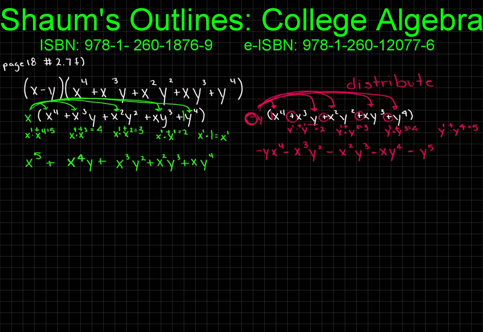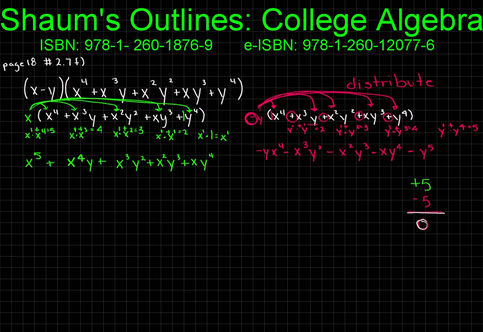Now I want to find anything that is positive and negative and looks the same so they can cancel out. Kind of like if I have plus 5 and then I have minus 5, I get 0, right? So I want to look for things that look like that.